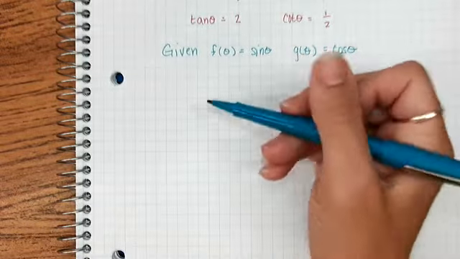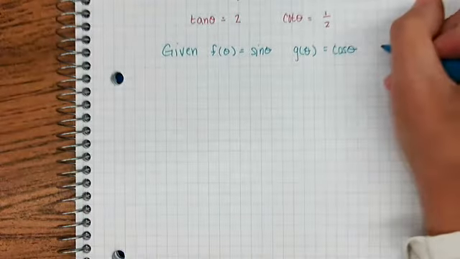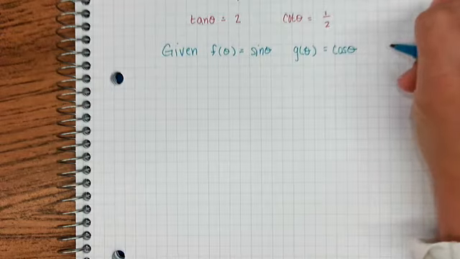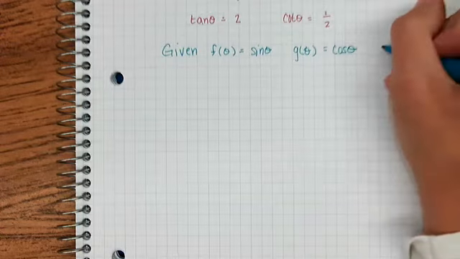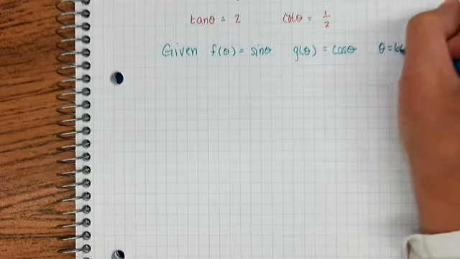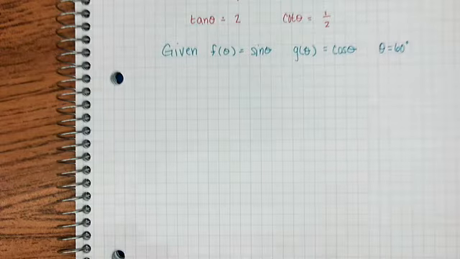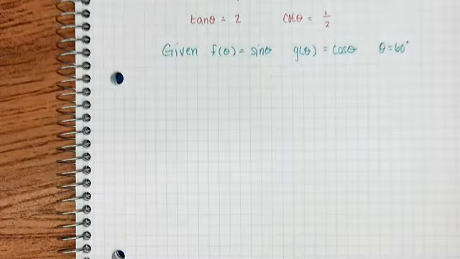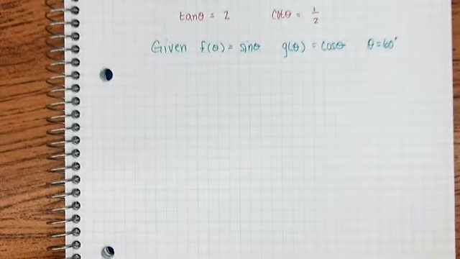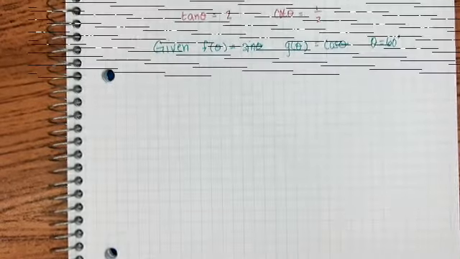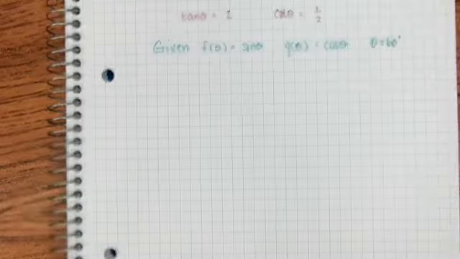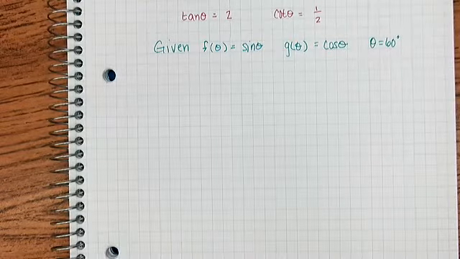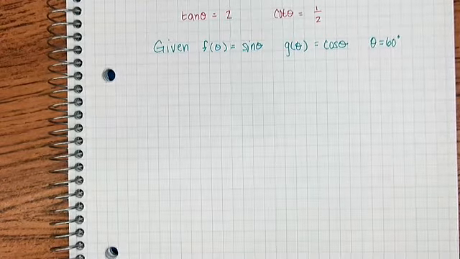So leave a couple lines. And I'm going to tell you that theta is 60 degrees. Okay, so again, leave a little bit of space here. Okay, I think that's a little bit better focus.